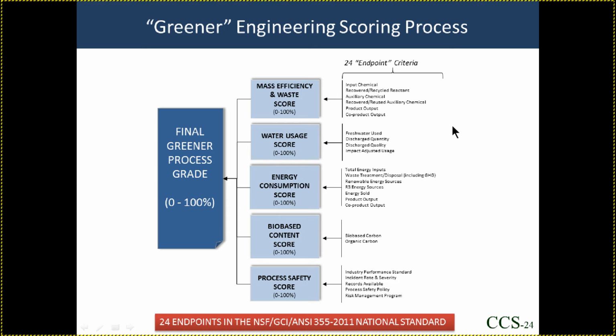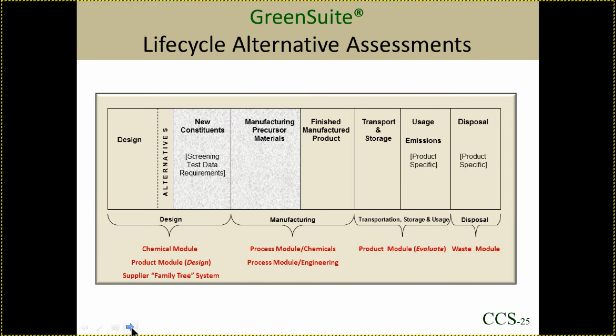This is process specific, and the information has to be provided to us by the manufacturer, but it is normalized in a similar way to the other chemical data so that we can compare the process score here for very different kinds of endpoints. This is waste and water use and energy consumption, etc., and not chemically oriented at all, but we want to compare so we can see whether the manufacturing process or the chemical is of greater concern.